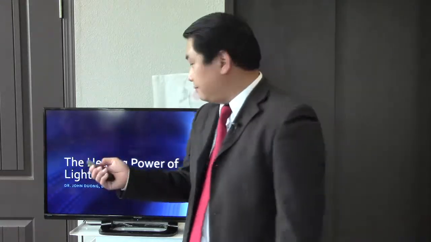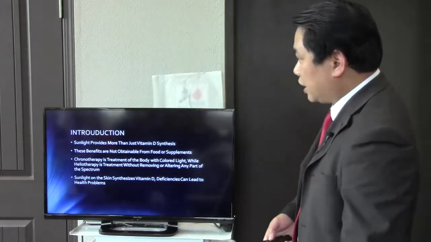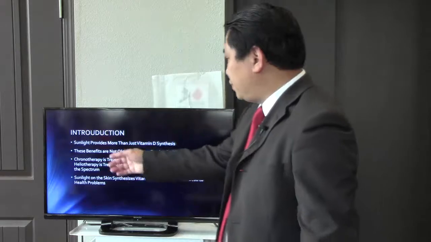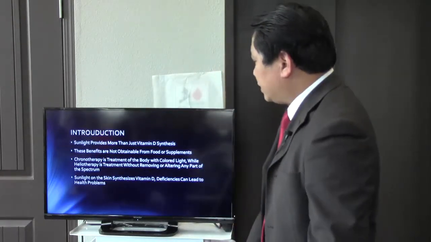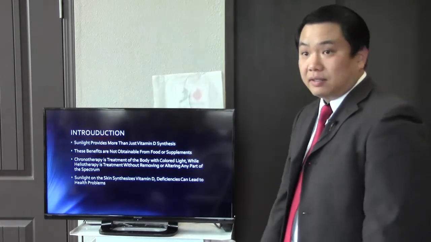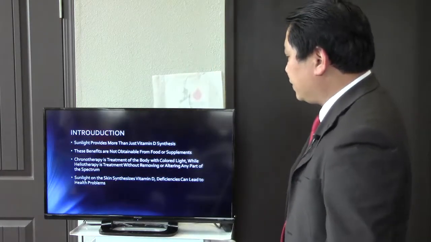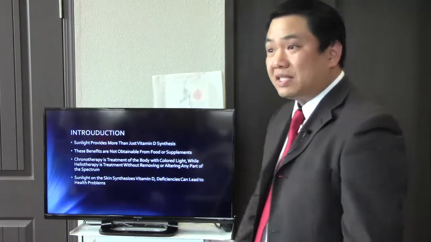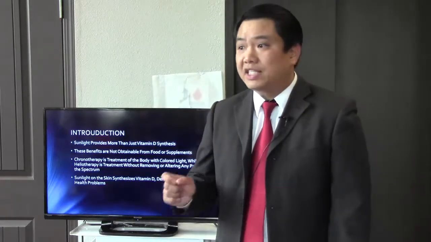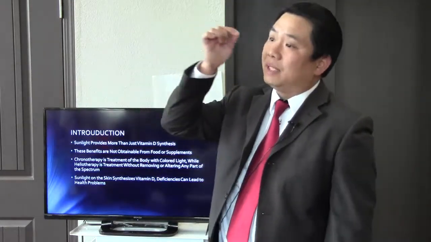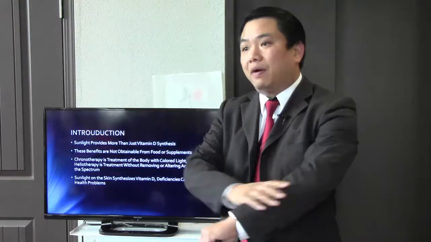So, the introduction: sunlight provides more than just vitamin D synthesis. These benefits are not obtainable from food and some supplements. It's different when you take vitamins compared to getting it from sunlight.